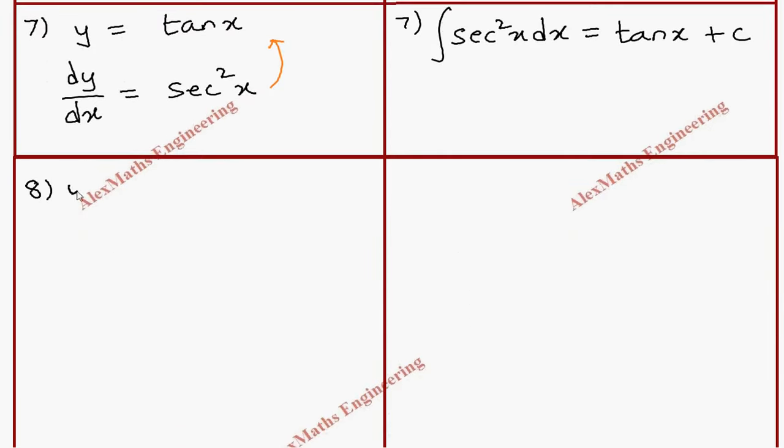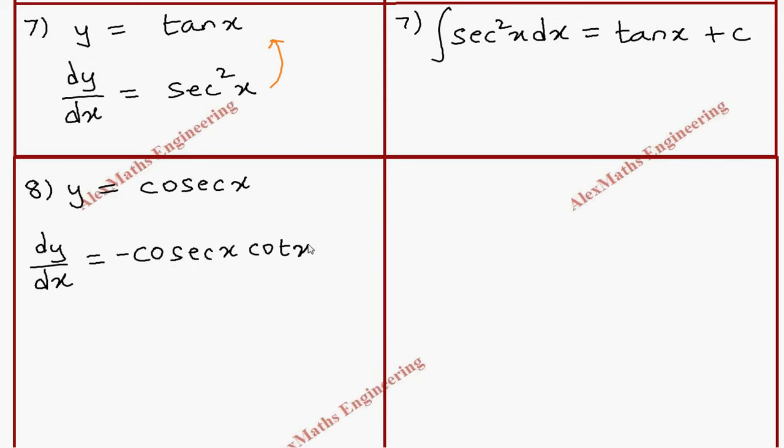Then next one, if y equal to cosecant x, then its differentiation dy by dx is minus cosecant x cot x.